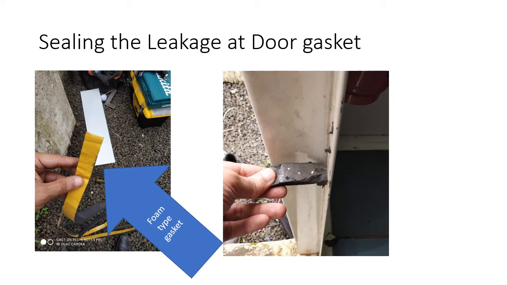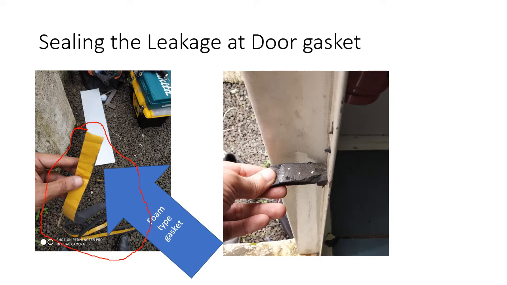If leakage is minor, and that also at a few places only, then it is better to buy a foam type gasket. If you see in this picture, this kind of foam type gasket is available in any small hardware shop. The property of this gasket is that it is very compressible. You can easily press it, so it can sit in any small places very easily.